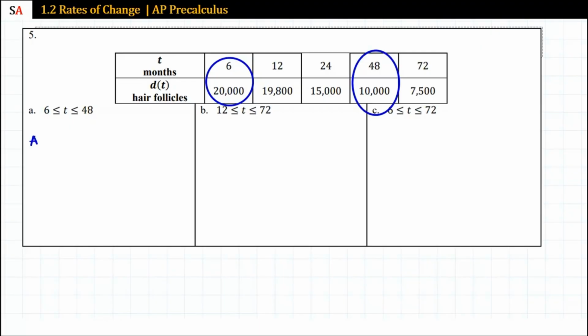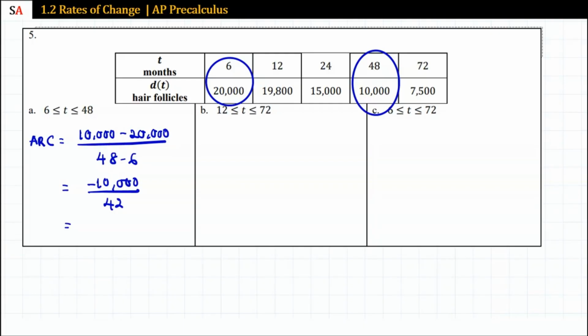So the average rate of change between 6 and 48 is, at 48 we have 10,000, minus at 6 we have 20,000, over x2 minus x1, 48 minus 6, which is negative 10,000 over 42. You can use the calculator here.